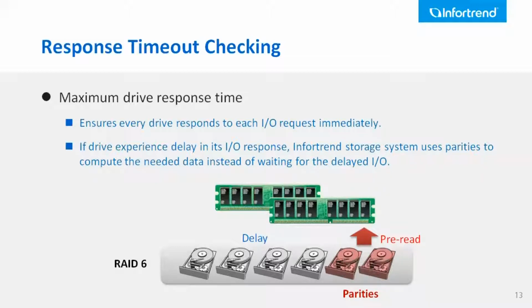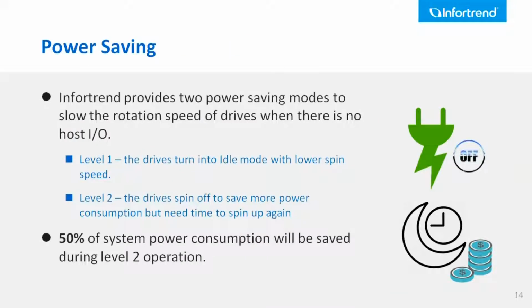Other than data protection, we also provide additional functions, which is power saving. Infortrend provides two power saving modes. In level 1 mode, drives turn into idle mode with lower spin speed. In level 2 mode, drives spin off to save more power consumption.